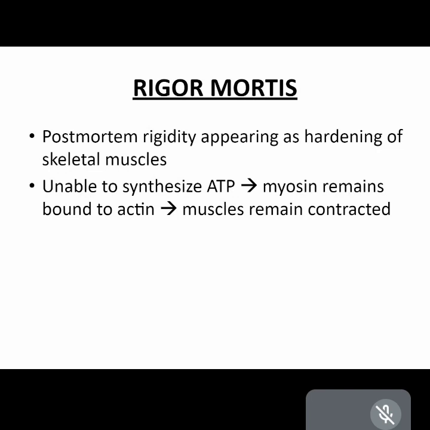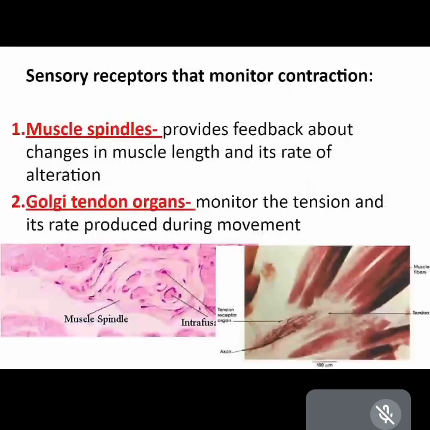In the first few hours of death it's not really that hard, but when the body undergoes rigor mortis, it is unable to synthesize ATP. Although the myosin remains bound to actin, the muscles will just remain contracted. They will not relax anymore because the skeletal muscles harden after death. So that is rigor mortis.